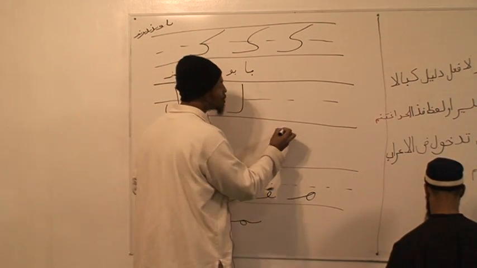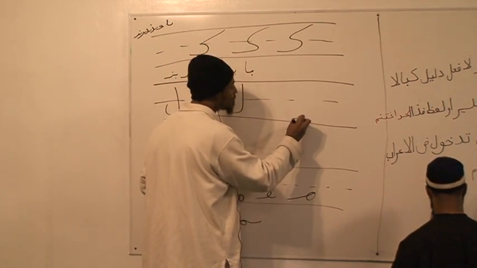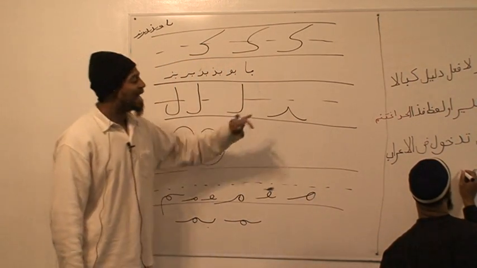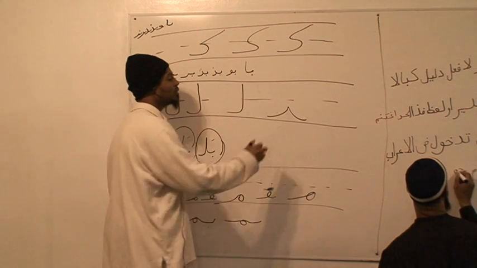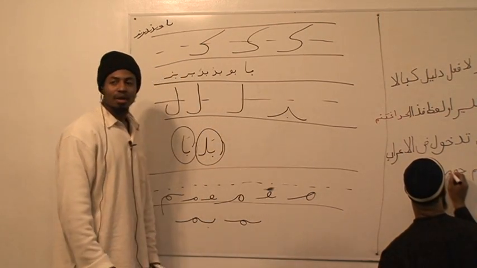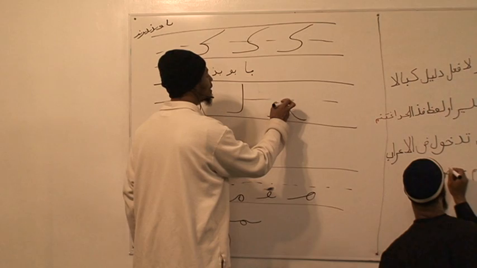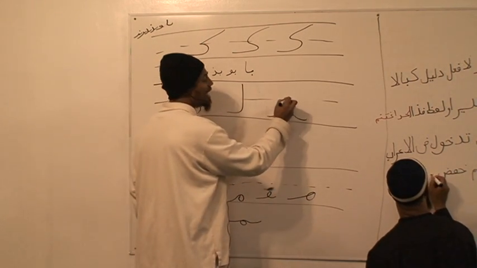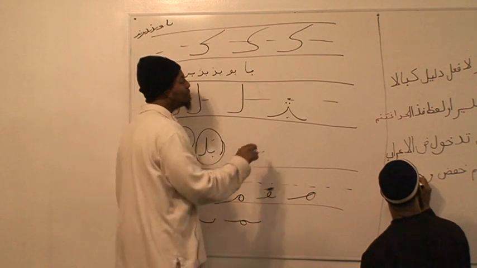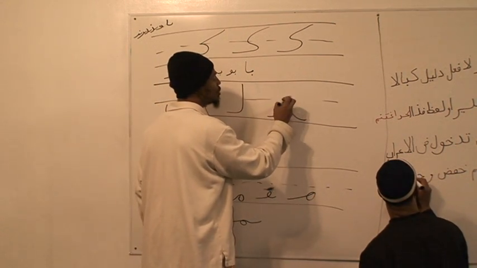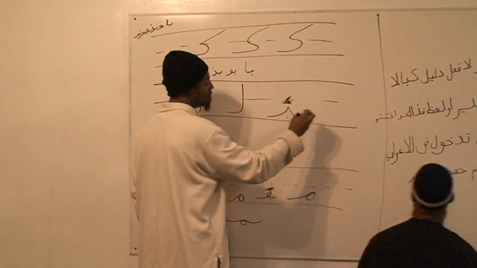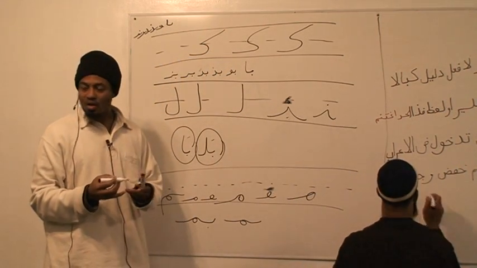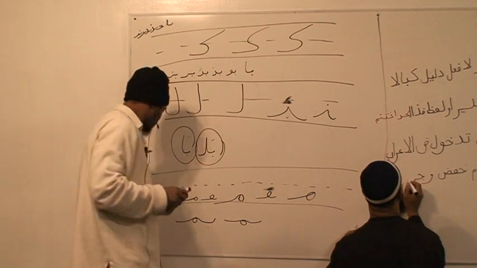Because there are a bunch of letters that are written like this. Watch. You see that? That could be ba. That could be ta. That could be tha. That could be noon. Right? Well, let me do it this way.